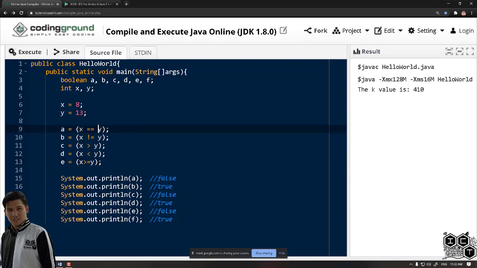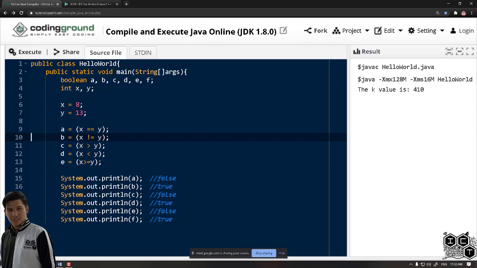Analyze natin to ha. Tatanungin nyo kasi yung sarili nyo dyan, is X equal to Y? Yes or no? Ang sagot dyan, if no, automatic, ang sagot is false. Diba? Is X not equal to Y? Or is 8 not equal to 13?